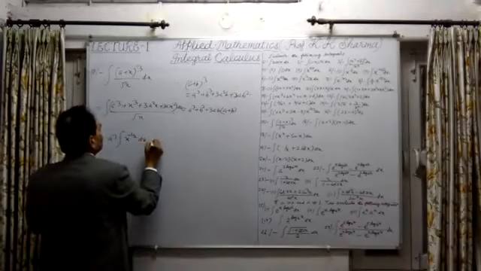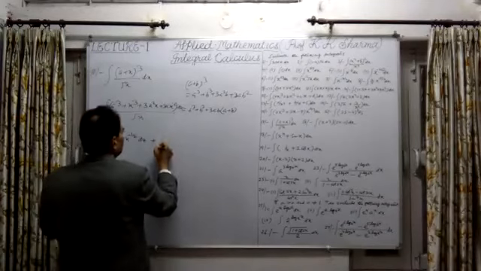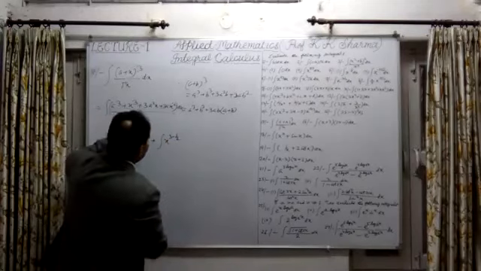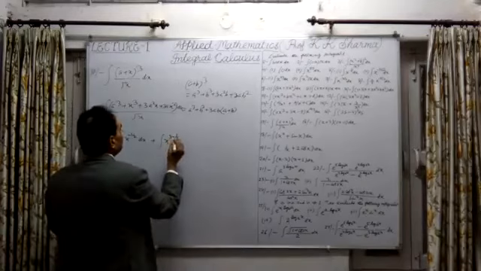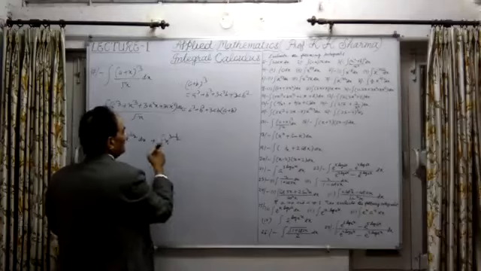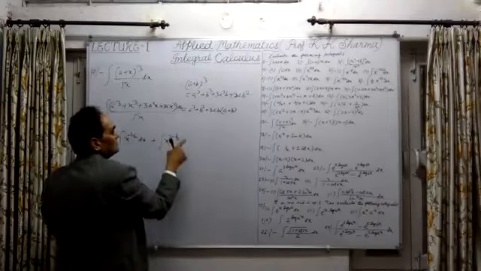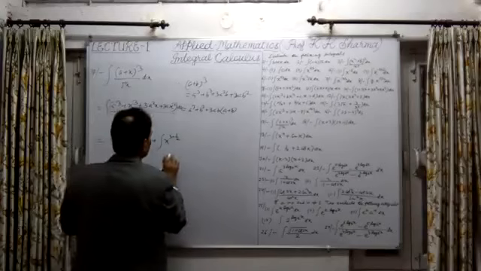Now this is dx. Plus, let me write x cube upon under root x, that means integration of x to the power 3 minus half, because the half power will come in the numerator as negative, so 3 minus half power. The powers are added when the bases are the same, but if the sign is minus, it will be negative.